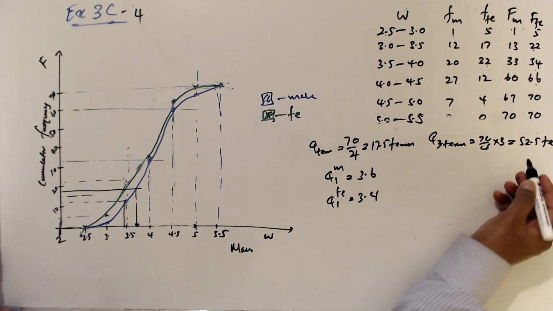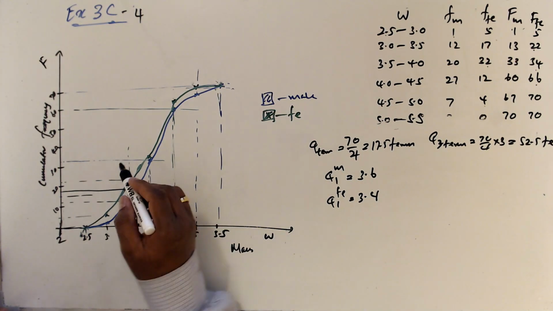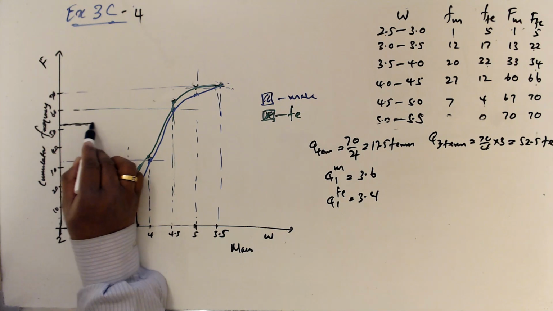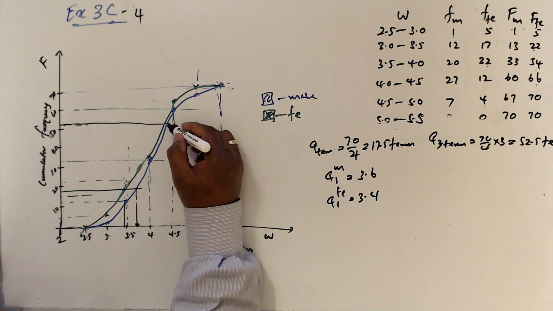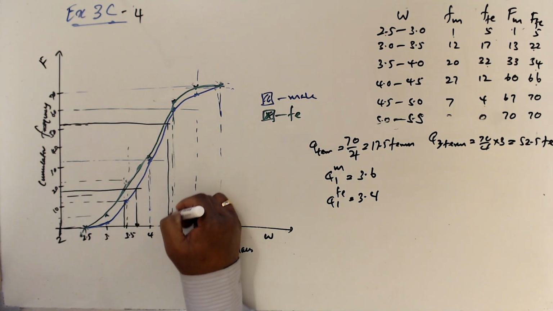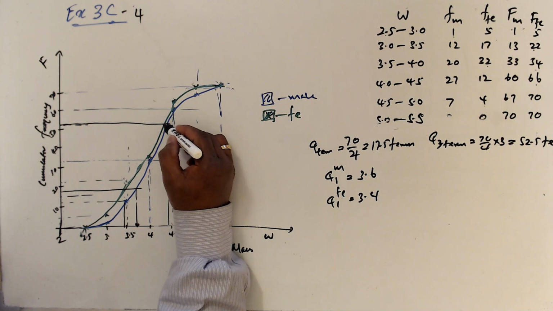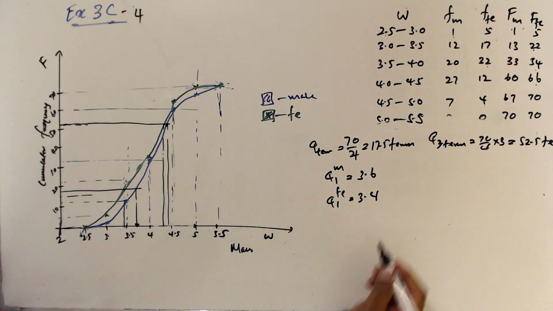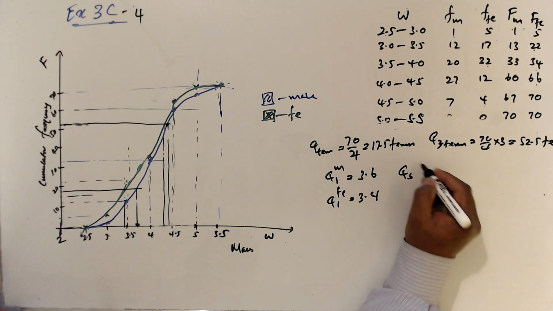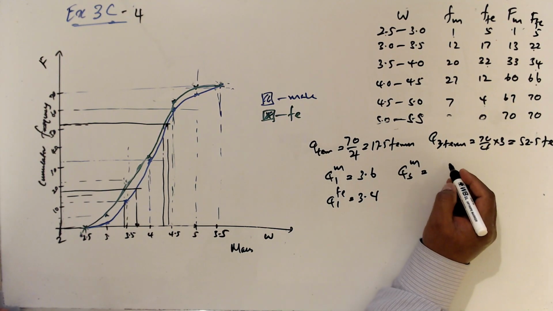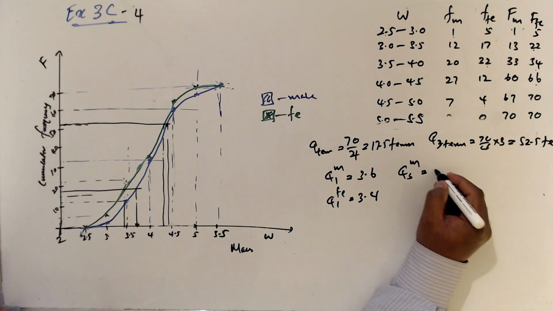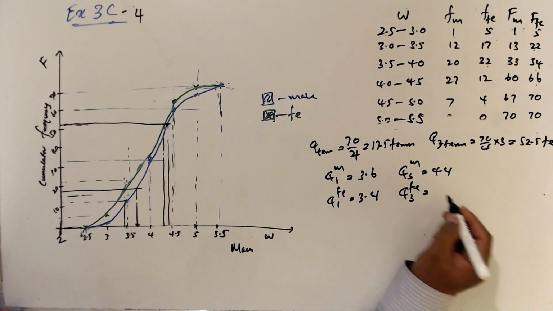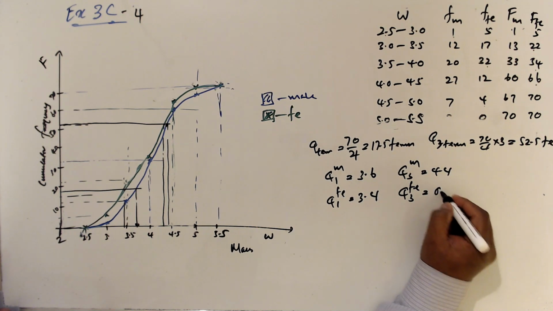And then the 52.5 term, this is with blue, this is with green. Q3 for male is going to be 4.4 and Q3 for female is going to be 4.6.